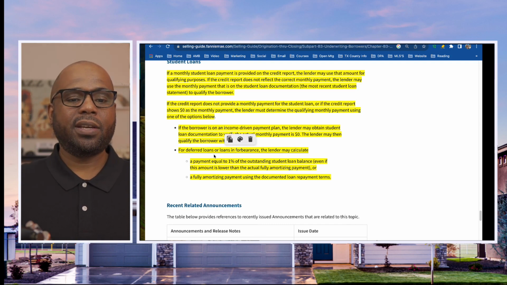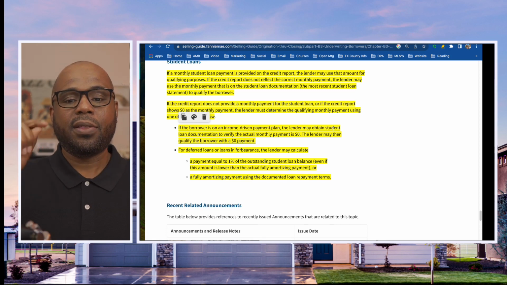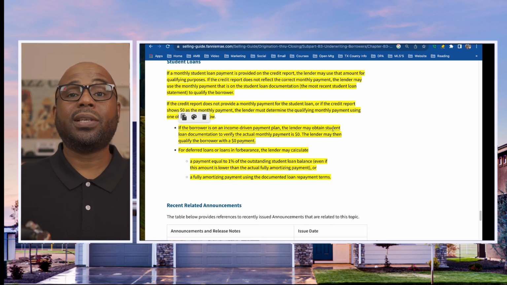Because as you can see here on the bulleted point, it says if the borrower is on an income-driven plan, the lender may obtain student loan documentation to verify the actual monthly payment is zero. The lender may then qualify the borrower with a zero payment.